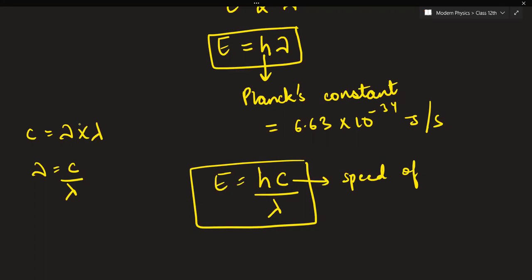You already know the value of h and the speed of light. So try to multiply both the terms and keep it with you for ease of calculation, because most of the times you'll be getting hc together. I think it comes to 19 point something, I do not remember it right now. 19.89 into 10 to the power minus 26, it comes like this if you multiply both. Yes, yes, I'll write it down.